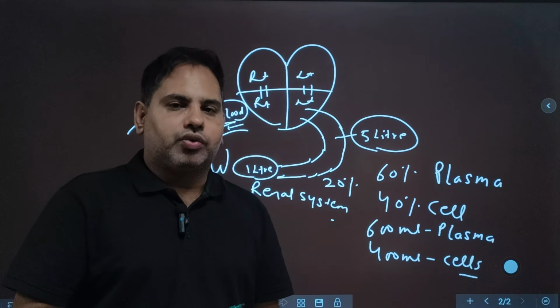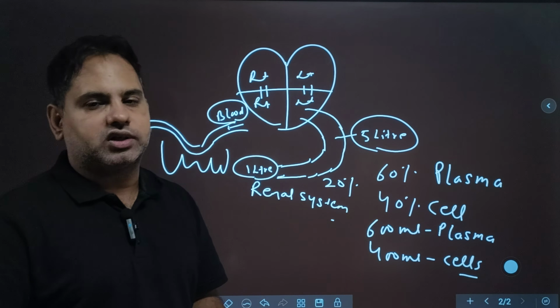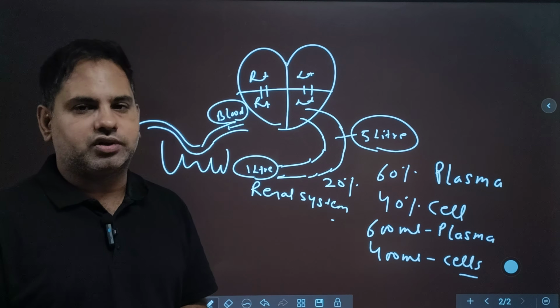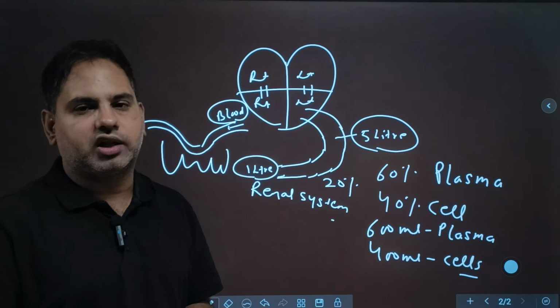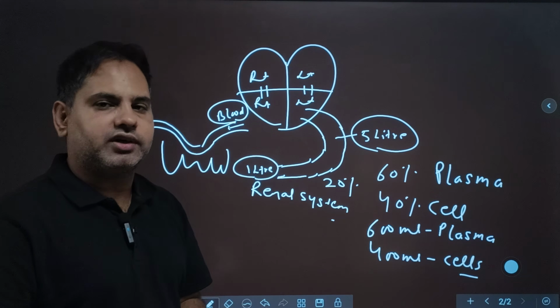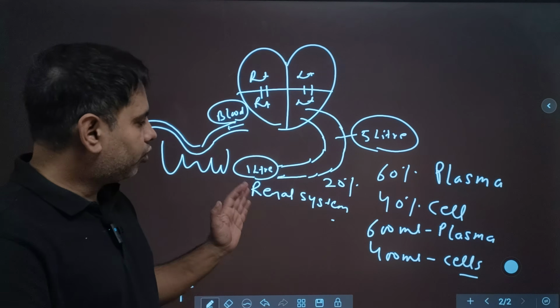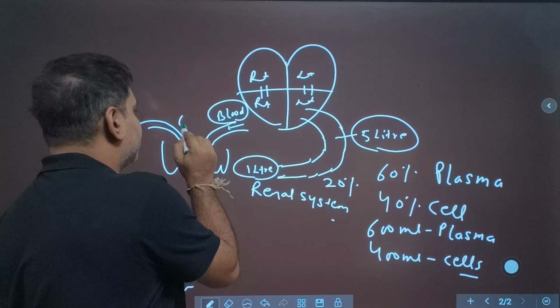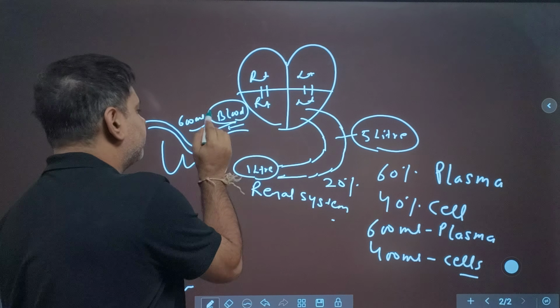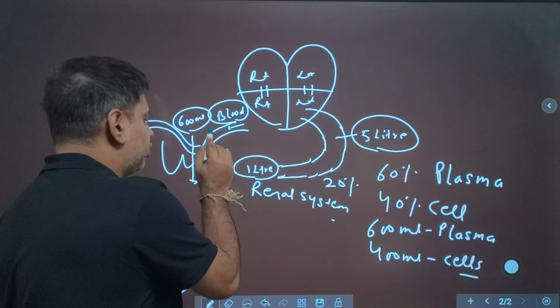Cells are not going to filter out in normal physiological conditions. If someone has some pathological condition, in those cases you can detect cells in the urine, but normally your plasma is going to filter. So, out of 1 liter, your 600 ml of plasma is going to filter.